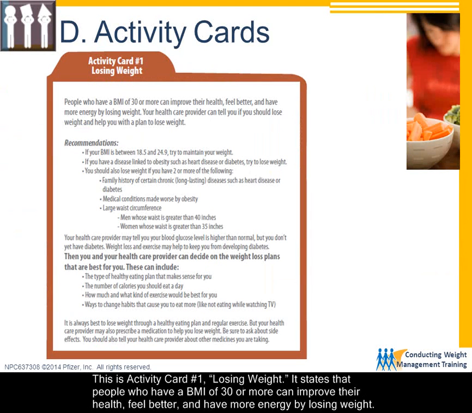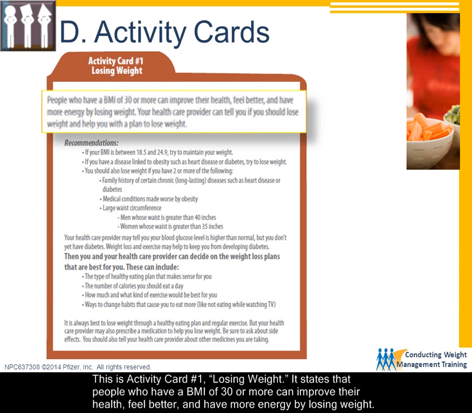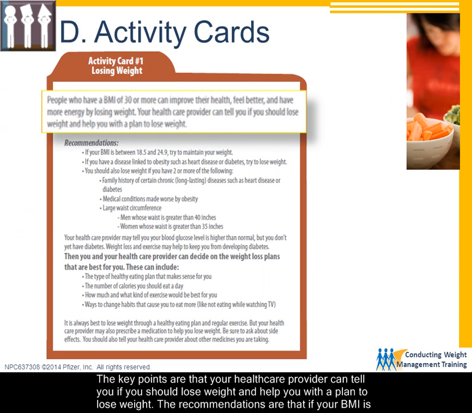This is activity card number 1, losing weight. It states that people who have a BMI of 30 or more can improve their health, feel better, and have more energy by losing weight. The key points are that your healthcare provider can tell you if you should lose weight and help you with a plan to lose weight.